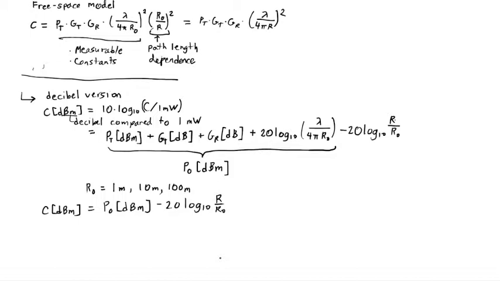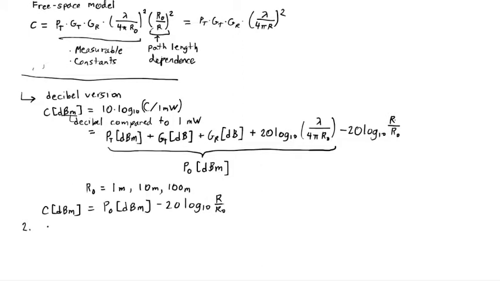The power decays faster than that because the leaves and the building materials actually obstruct our signal. They absorb some of our signal. They transmit some of the signal, but with some loss. So we don't get the same amount of power at the receiver in the real world. And that's where we end up having a different model.